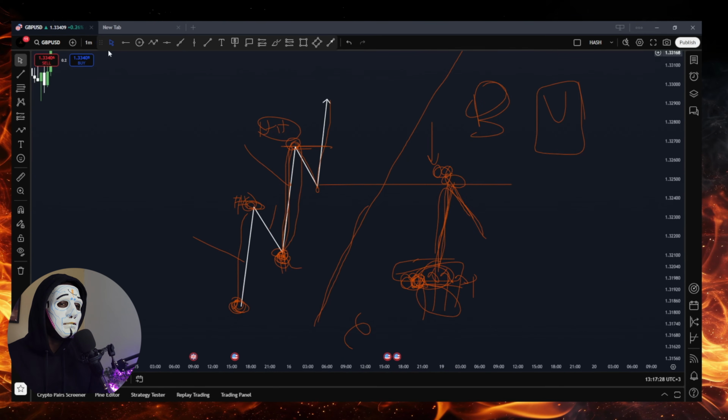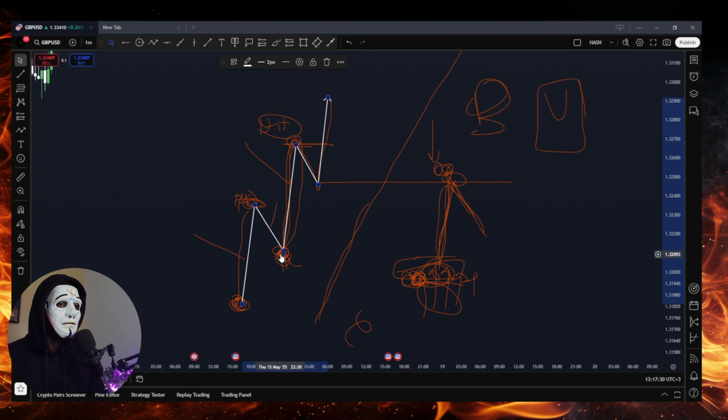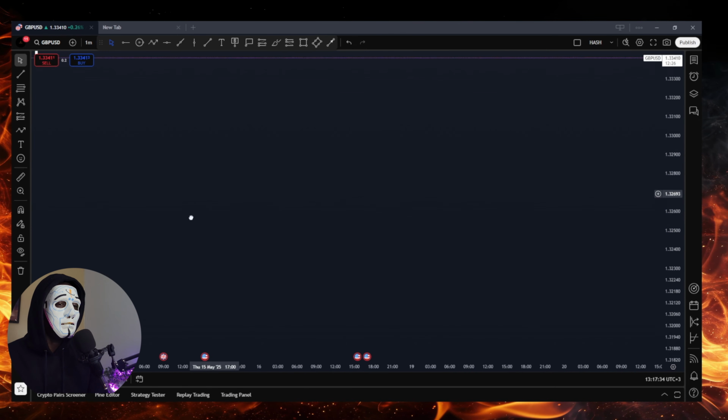For you to say that this point is a higher high, we should have opposite candles at that point.